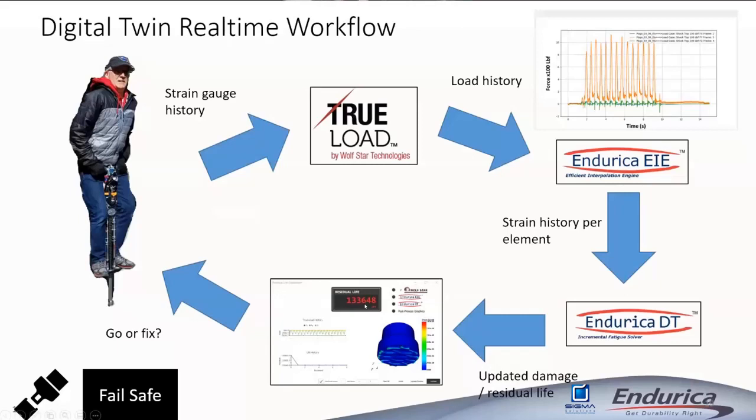The pogo stick has a rubber tip, and we've done a Mark analysis of the rubber tip that's encoded in this digital twin, because that's what we use to generate the map for EIE. We calculate this residual life, and as you jump on the pogo stick, it is decremented according to the actual load history that has happened in the part.